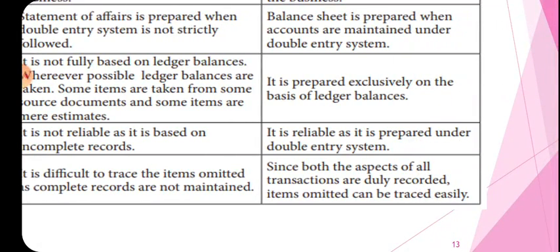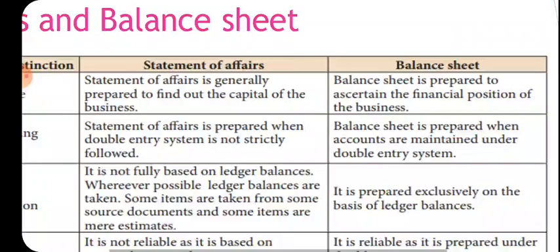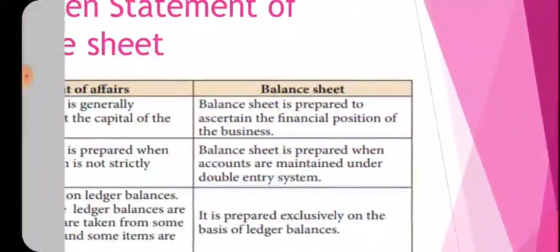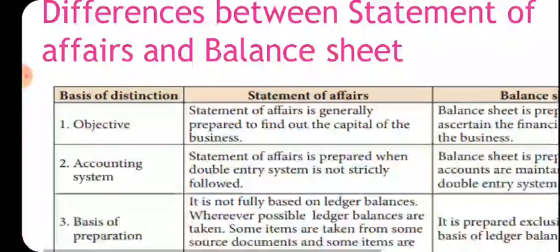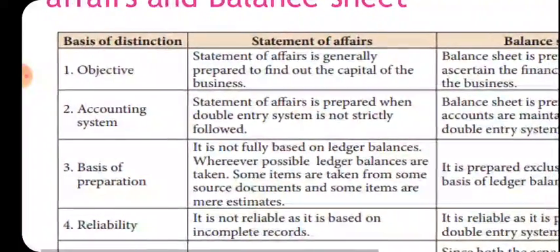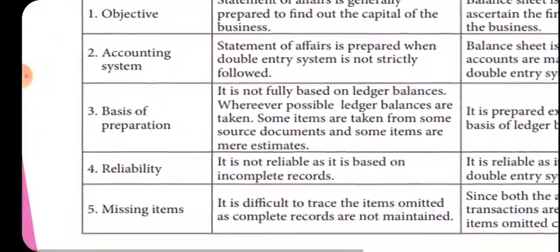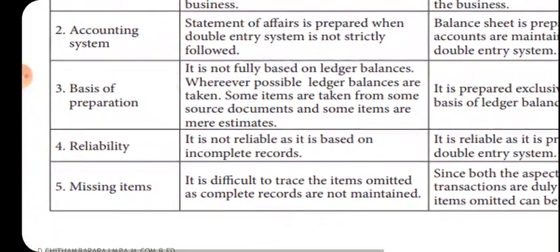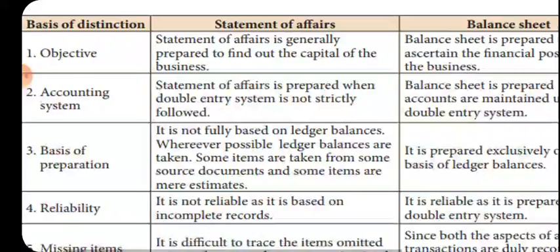But in the balance sheet, all transactions are entered, so the omitted items can be traced easily. So these are the differences between statement of affairs and balance sheet: objective, accounting system, basis of preparation, reliability and missing items.